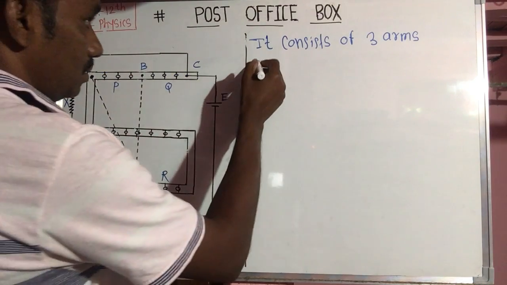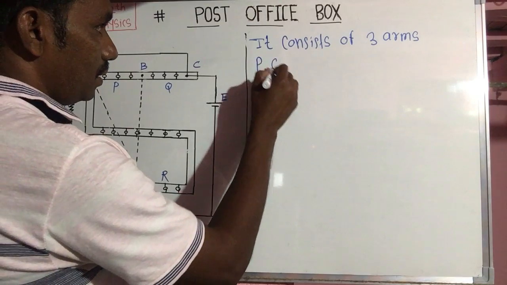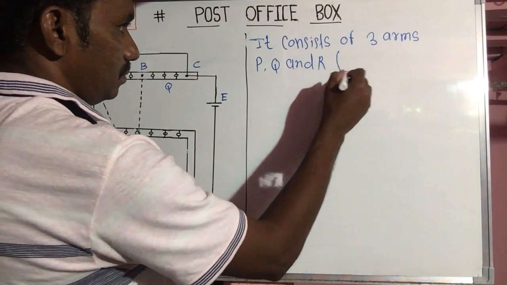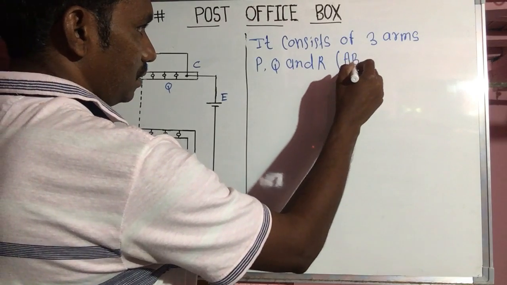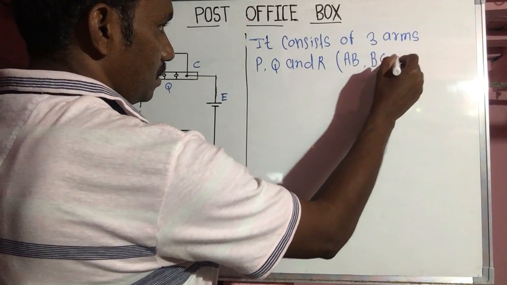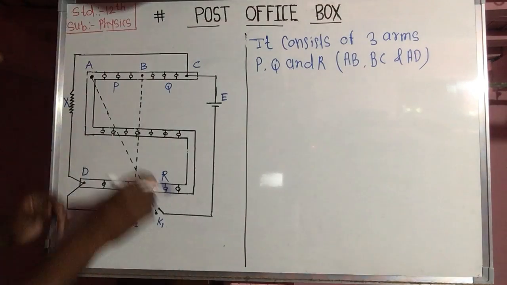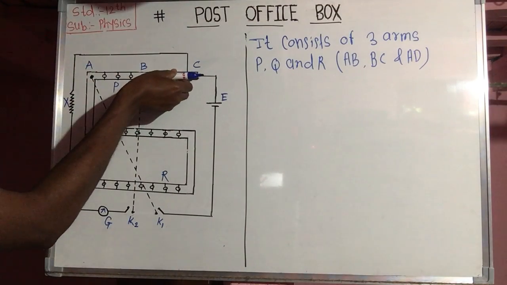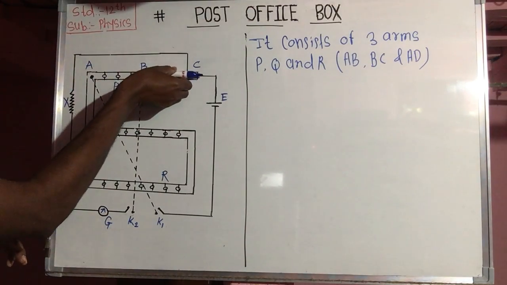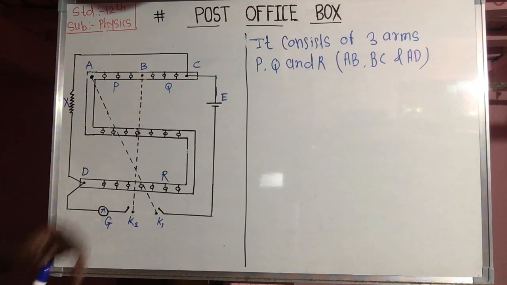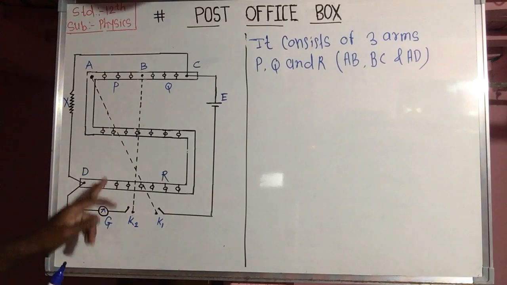That is P, Q and R, like AB, BC and AD. These are the three arms. This one is AB, this one is BC, and this whole one is AD. That is P, Q, R.